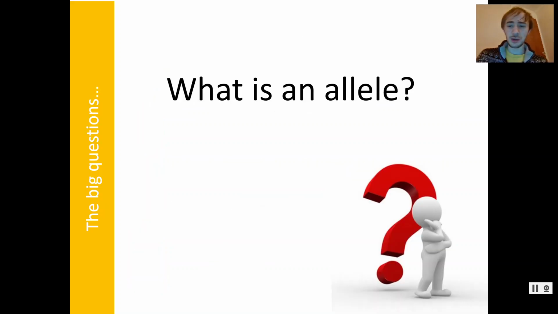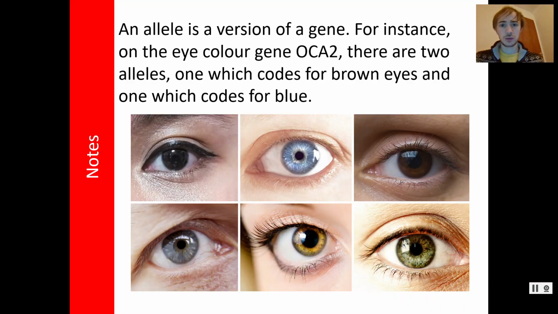The first question is, and we need to understand this before we do anything else, what is an allele? Now, hopefully you can all remember at least the term from Year 11, if not what it means. The word allele means it's a version or a form of a gene. So, as an example, if we take a look at the eye colour gene, OCA2, there are 2 alleles, one codes for brown eyes and one codes for blue eyes.